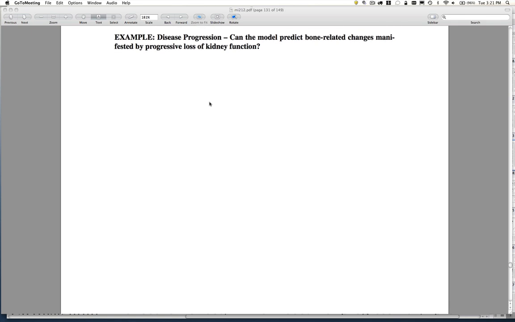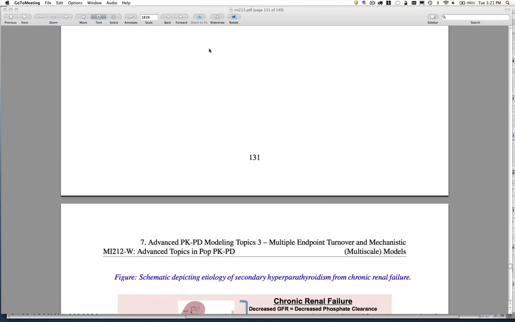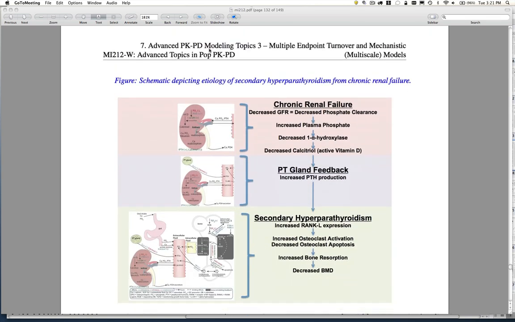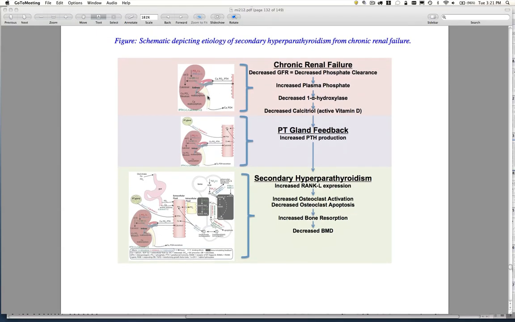And so the final example here is again another one of disease progression. Can the model predict bone-related changes manifested by progressive loss of kidney function? So going back and breaking down that schematic that we looked at early on, when your kidneys start to fail, you lose glomerular filtration rate, so you get a decrease in GFR. Because of that, you get less phosphate being cleared. When you decrease the amount of phosphate that's being cleared, you get an increase of phosphate in the plasma.